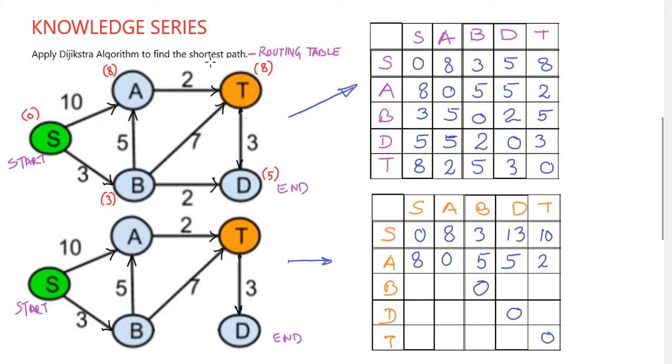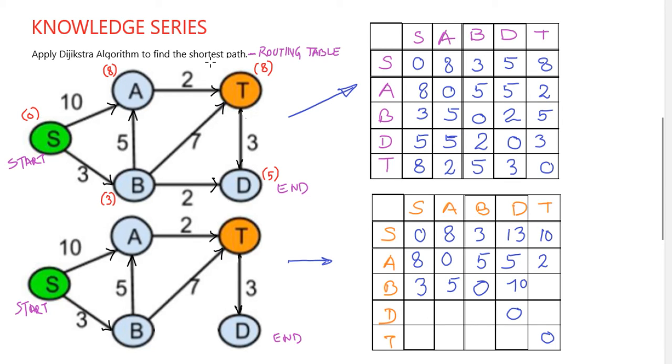Now with respect to B we will compare. B to B is 0. Then B to A is 5. B to S is 3. Then B to D: 7 plus 3 is 10, or 5 plus 2, 7 plus 3 is 10.